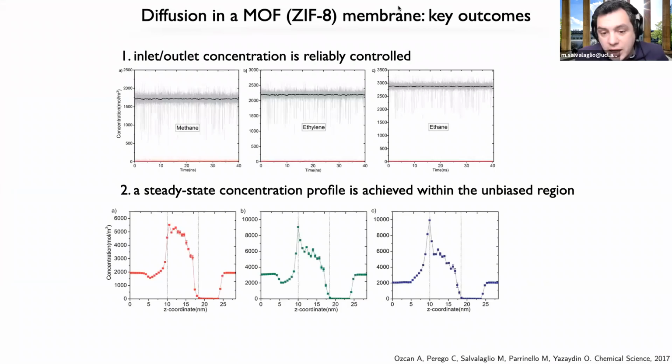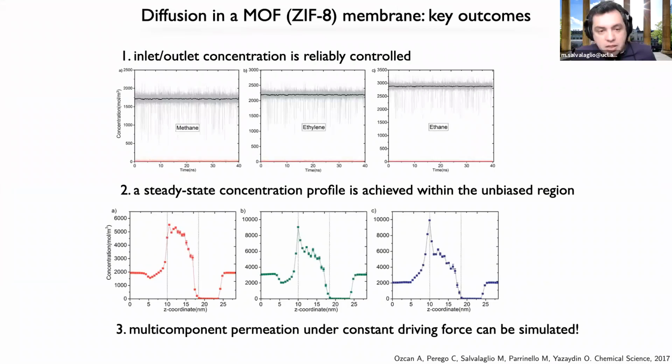Okay, there were key outcomes for this project, for example, the fact that we were able to control very tightly the concentration in the inlet and outlet regions, and also that in these conditions we were able to obtain steady state concentration profiles so we could sample for long times.